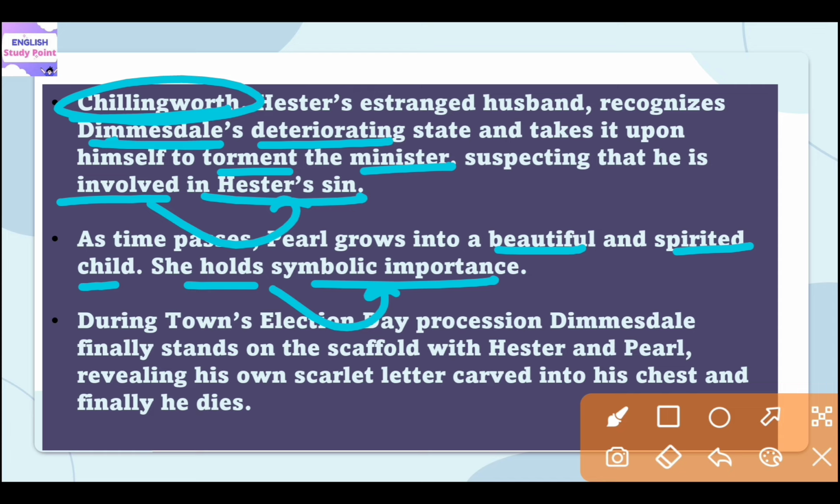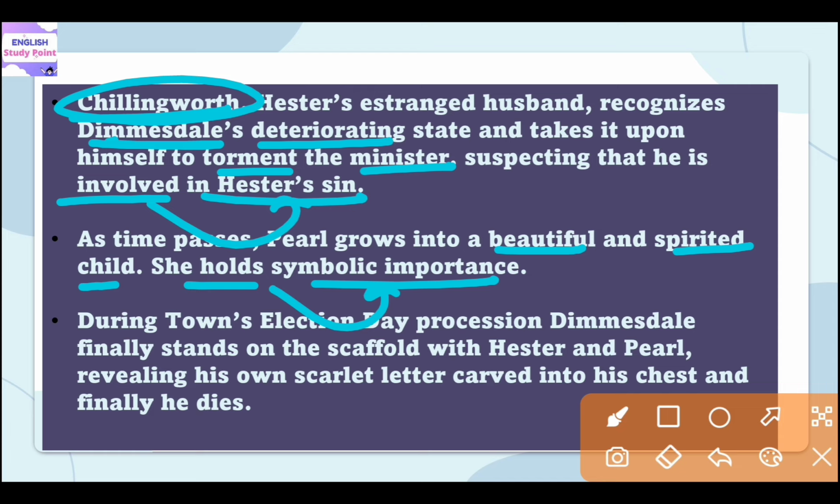Because she is seen as a symbol of both Hester's sin and her love, serving as a constant reminder to the community of Hester's transgression, that even though Hester Prynne is bound in the institution of marriage, even after having already married a man, she transgressed by maintaining a relation with another man and having a girl out of intercourse with a man whom she is not married to.